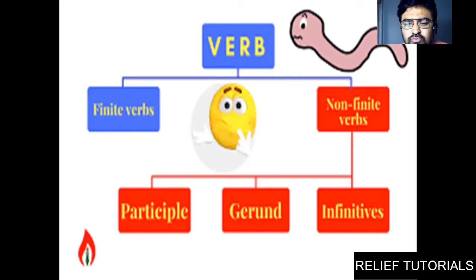So throughout the year we'll learn all these topics in various ways, but our today's concern is mainly verb. Verb is the most integral part and most important part of the sentence formation. I can say without verb, sentence formation is not possible.